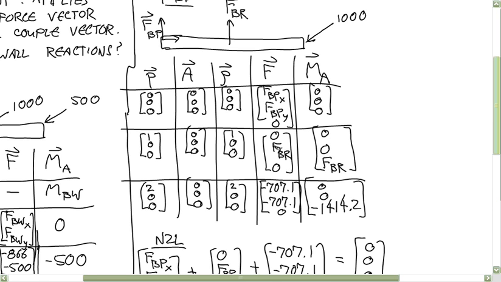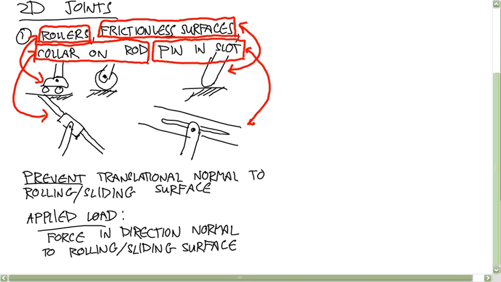But that won't always be the case. So if it's not the case, then you have to do it using a unit vector and represent that force as an unknown scalar variable times a unit vector that represents a normal to the surface. Anyone have any questions about that one?